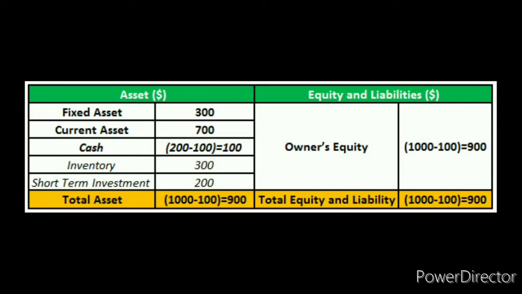Again, we have assets and equity and liability side. In the asset side, we had fixed assets, current asset and cash. You can see in the cash column, we had $200.